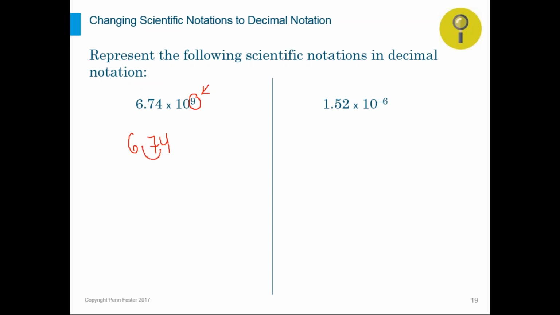Let's do that. 1, 2, 3, 4, 5, 6, 7, 8, 9. Those empty places, just fill them out with zeros: 1, 2, 3, 4, 5, 6, 7 zeros.